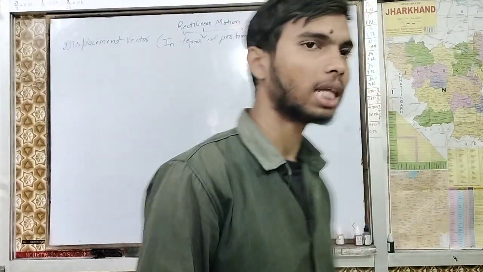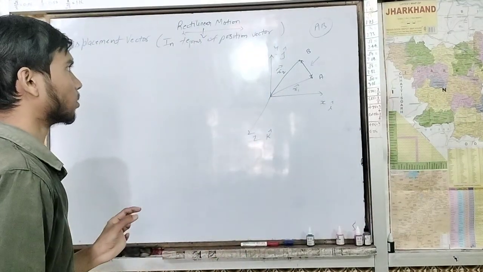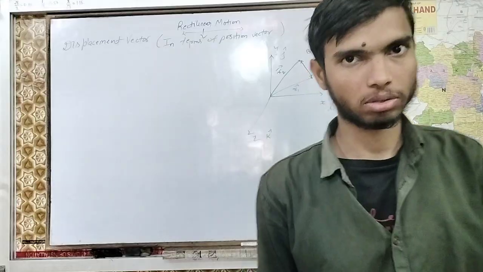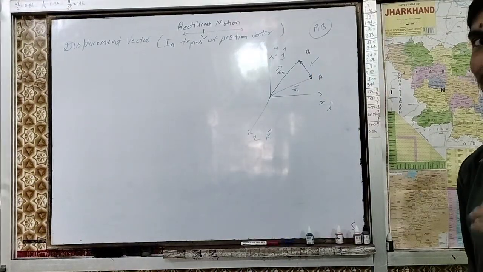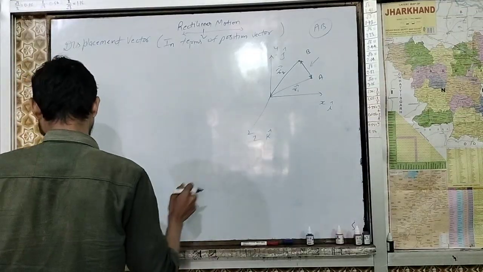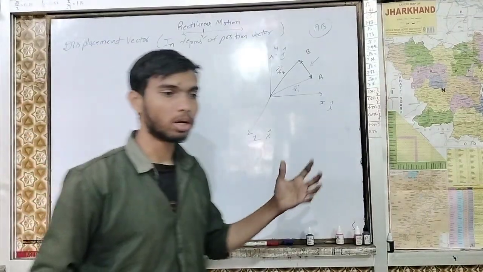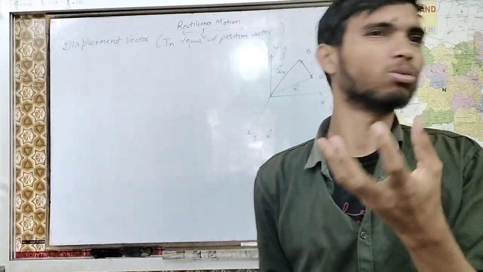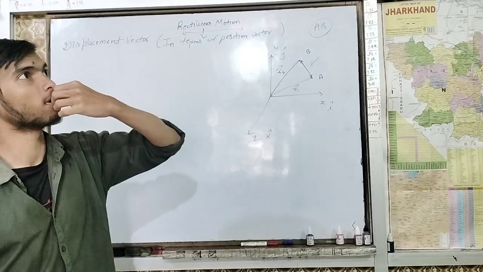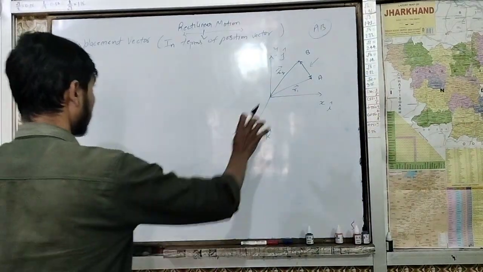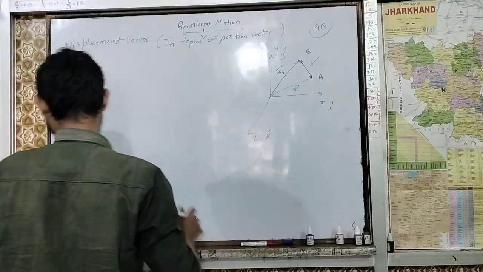Am I correct? That's why it is called triangle. Here we can apply the triangle law of vector addition because it's making a triangle. What if it was making a quadrilateral? Then we apply polygon law or parallelogram law. But right now this is a triangle.